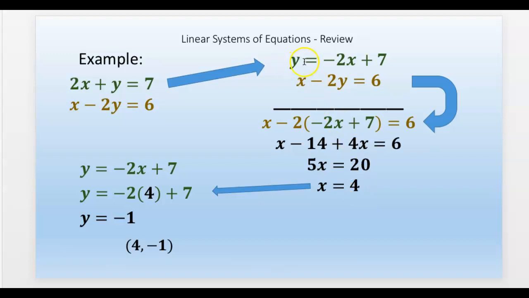Then I can take the green equation on the top and rewrite it down here, and substitute x equals 4. So instead of negative 2x, I write negative 2 times 4. I can multiply that out. y equals negative 1. Okay, 4 and negative 1. Guys, again, you can always use Desmos for this too. It's okay with me. I just wanted to do one algebraically. Just one more example.